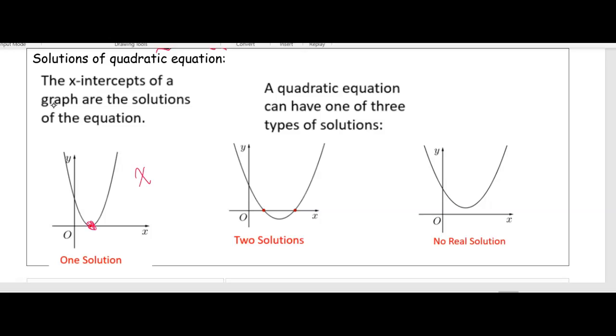Because your solution is x equals a number, your solution falls on the x-axis when y equals 0. Okay? So in this situation, when your function is touching the x-axis once, it has one solution. This type of condition has two solutions. And for this type of condition, your quadratic function is not touching the x-axis. So there is no x value, there is no solution. Okay?